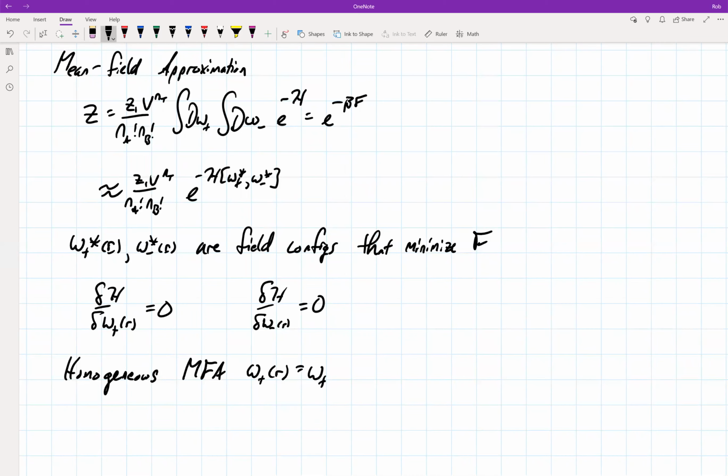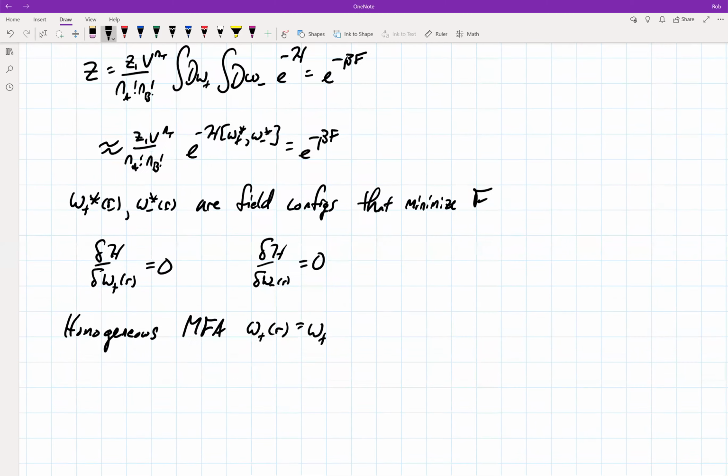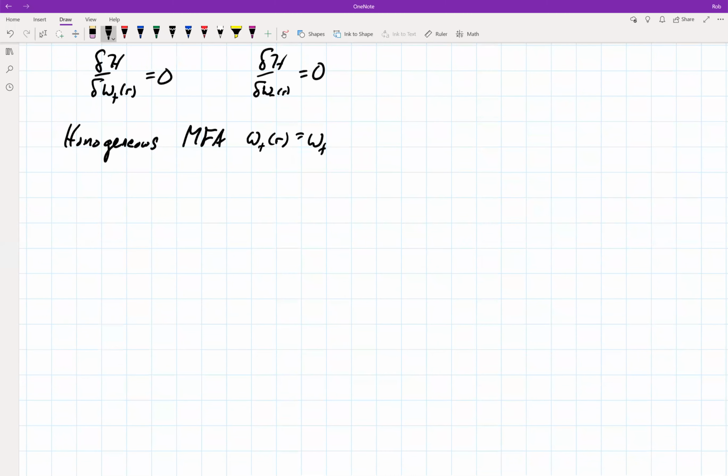You can see that it's going to be exponentially related to the Helmholtz potential, and let me just talk through it as I write it down. So we'll have beta f, it's going to be h, and then from the n factorial and the log of v terms, we're going to have minus na log of the volume minus nb log of the volume.